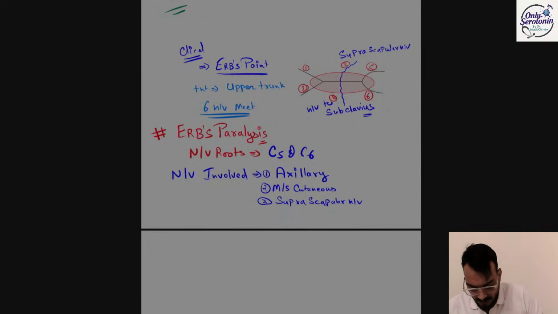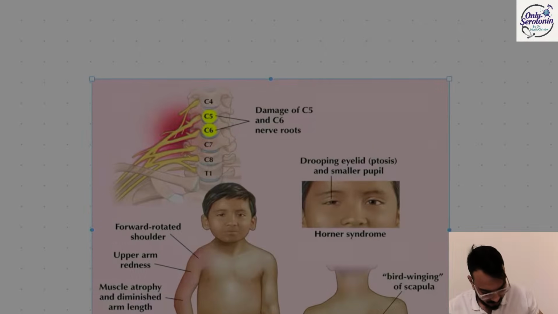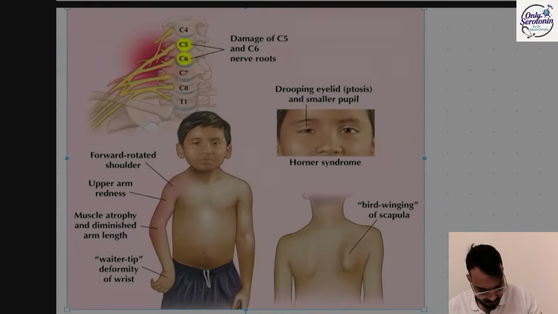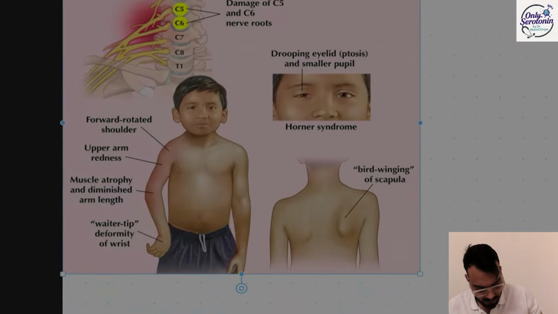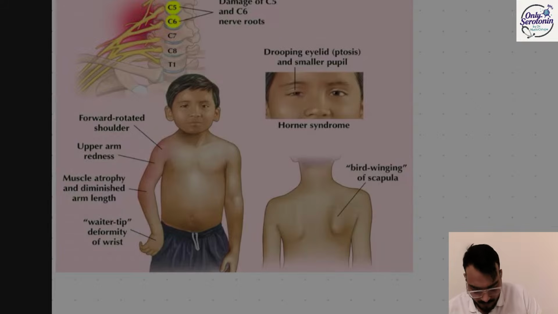Now, in my Erb's palsy, what all things am I going to see, guys? Can you appreciate this diagram? So in this diagram, guys, we have to see four things.